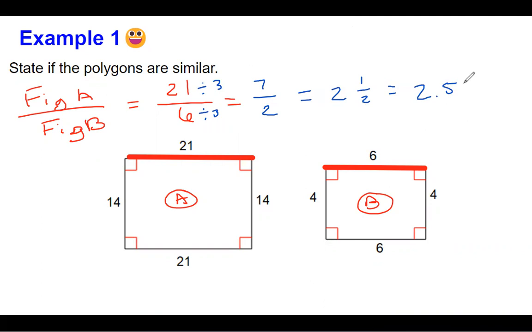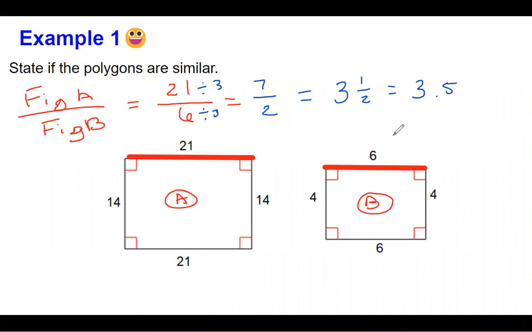Do I have to have all three responses there? No, guys, as long as you are able to identify one of the ratios, 7/2, 2 and 1/2, or 2.5, that would be the way that you're going to be able to find the ratio. Now, the second way, yes. 3, oh yeah, 3, sorry, 3. Thank you, guys.